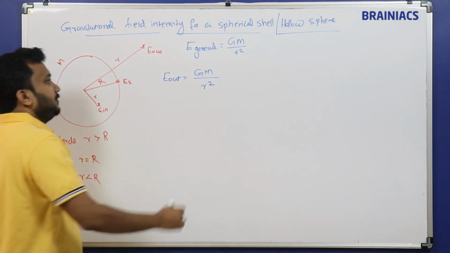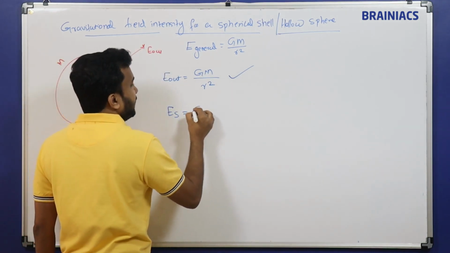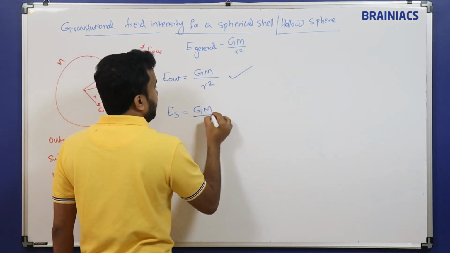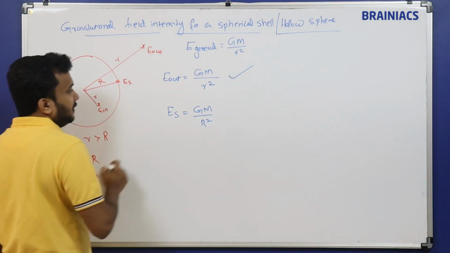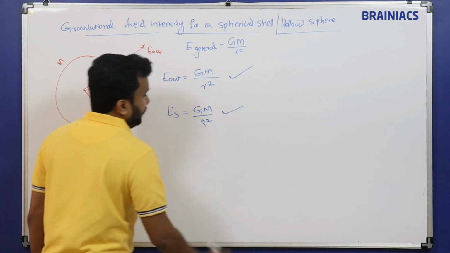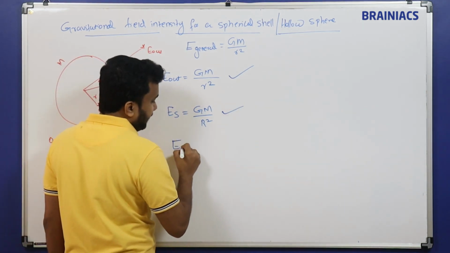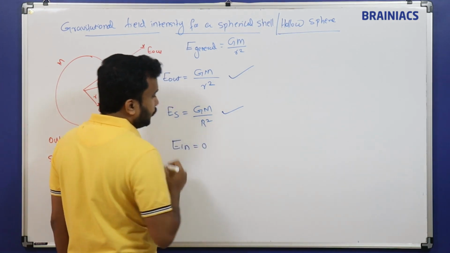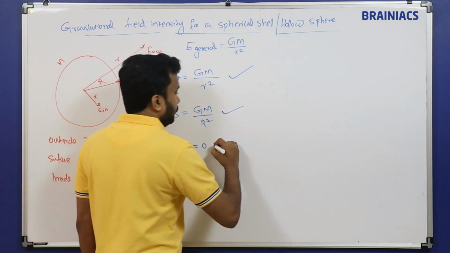That's all, the first part is over. Next is the gravitational field intensity at the surface. It is GM by R square, as the distance from the center to the surface is R. The third one, the gravitational field intensity inside, is equal to 0.